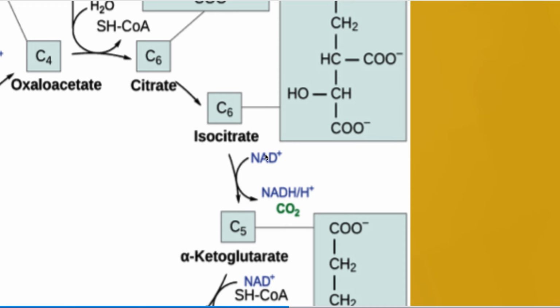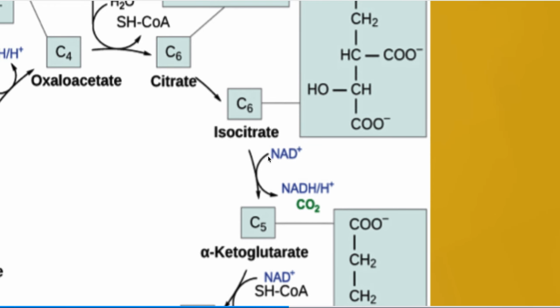But then here we see isocitrate going to alpha-ketoglutarate, and if you remember, anytime we have an NAD plus going to NADH, we've harvested a pair of electrons. So at the same time we're harvesting electrons, we're also cleaving off a carbon dioxide, which drives this reaction forward. So we harvest electrons and we get rid of a CO2.